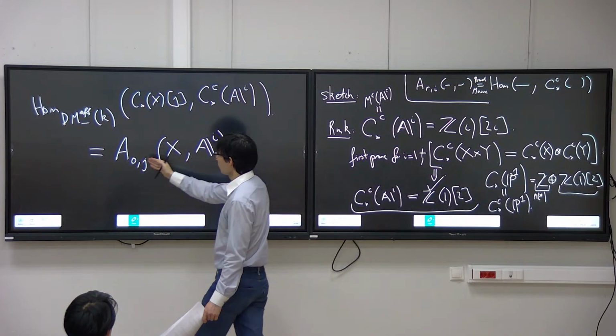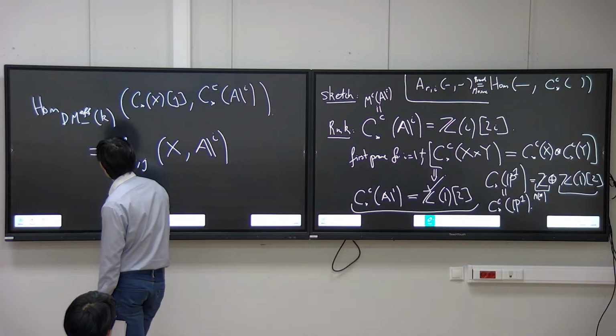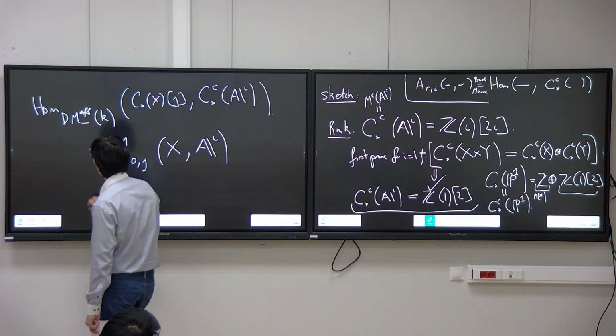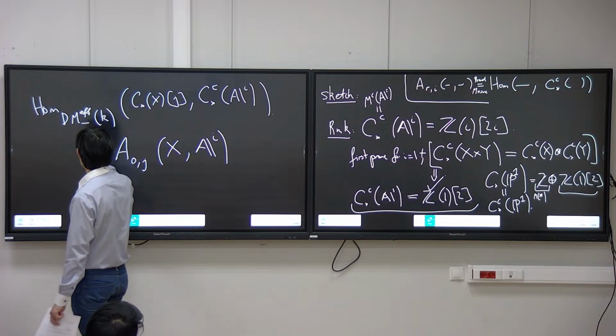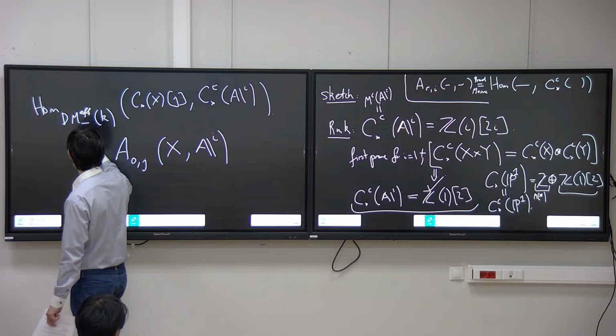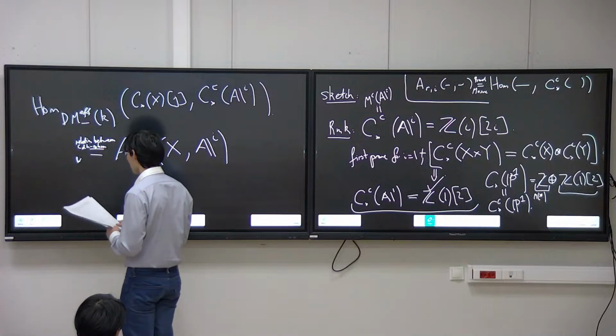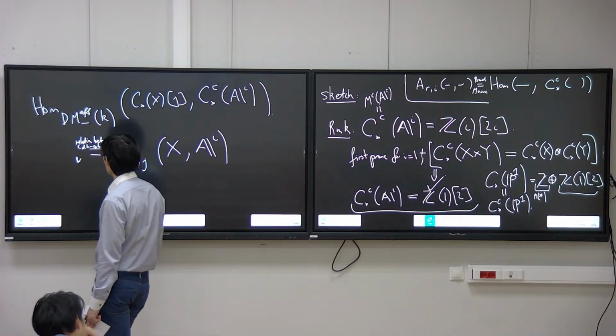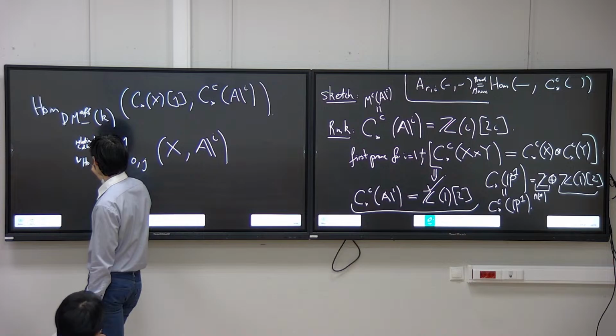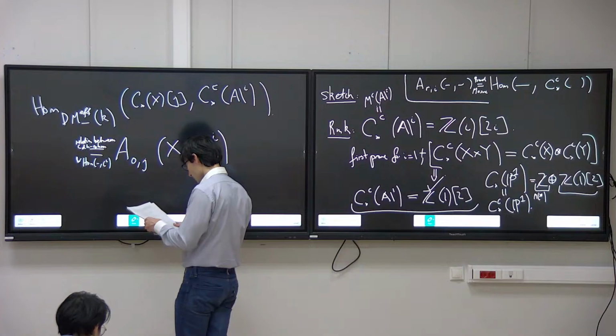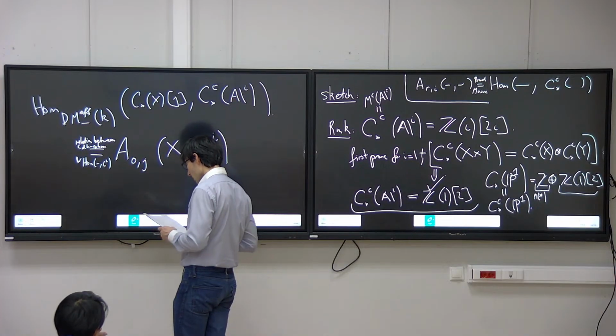So this equality is coming from the relation between CDH cohomology and say homomorphisms to CC, which we stated in some previous proposition.